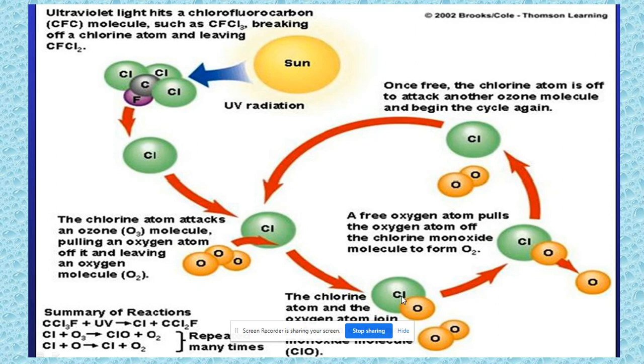The chlorine atom and the oxygen atom join and form ClO. Then a free oxygen atom pulls the oxygen atom from this chlorine monoxide to form oxygen, and Cl is again free. Once free, the chlorine atom is off to attack another ozone molecule and begins this cycle again.